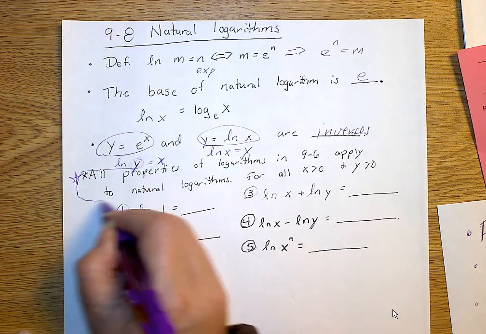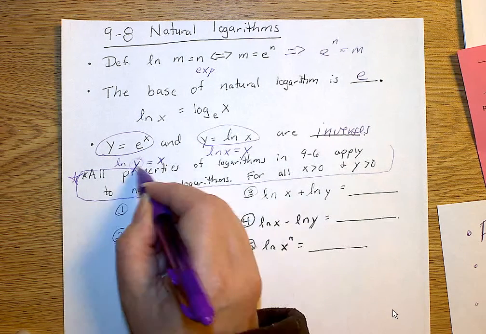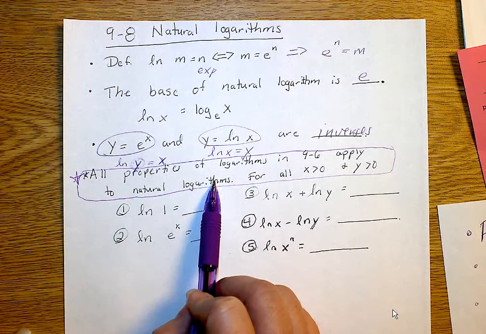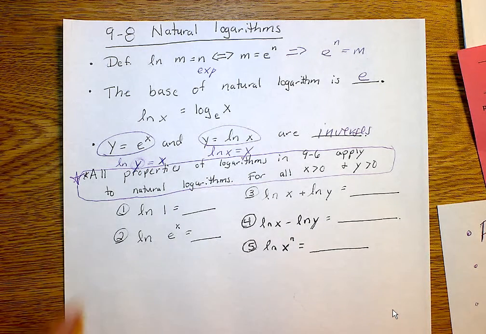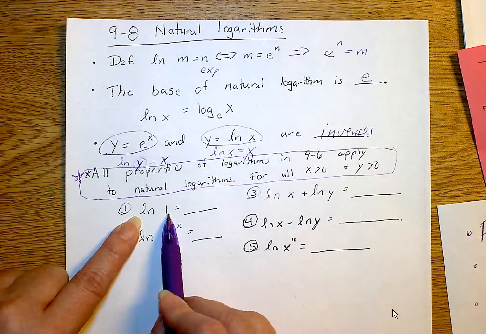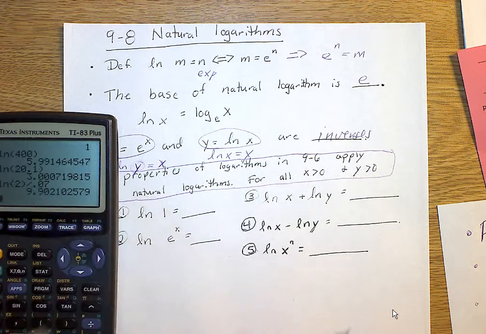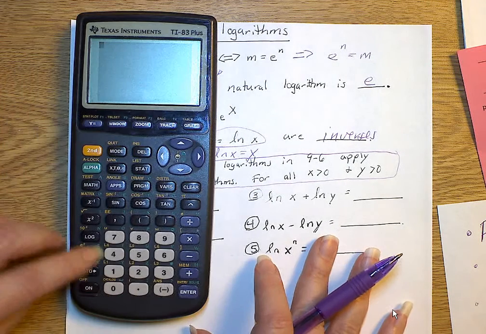All properties of logarithms in 9.6 apply to your natural logs, so all of this is going to look familiar. ln of 1: put ln 1 in your calculator. What do you get? Remember, your ln is right below your log key.